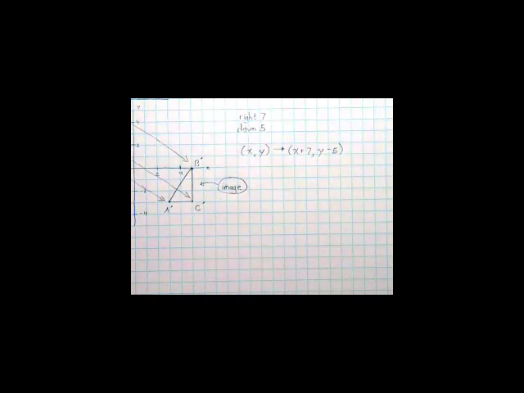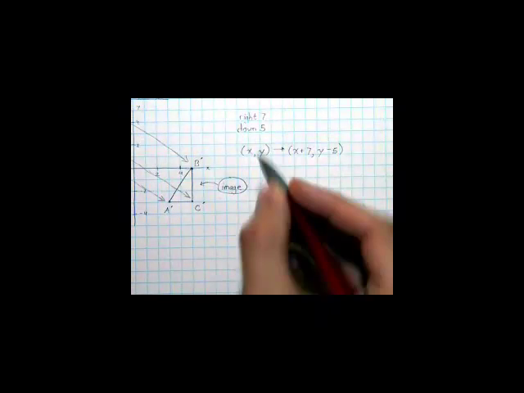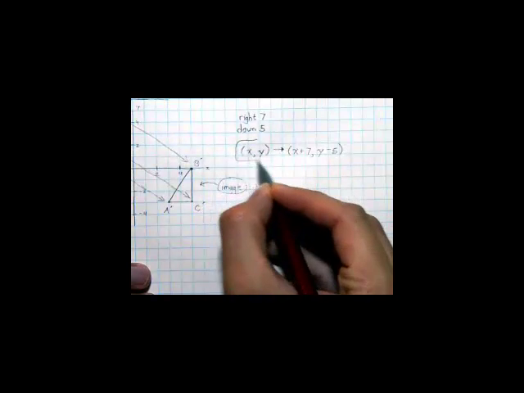Every point that is in the pre-image, you take the x-coordinate and add 7. You take the y-coordinate and subtract 5. Okay, isn't that exactly what we did? To move it to the right 7, I had to take every x-coordinate of all the points in the triangle and add 7 to them. And to move it down 5, I had to take every y-coordinate and subtract 5 from every one of them. There you go. Okay, so this is called the rule for this particular one.